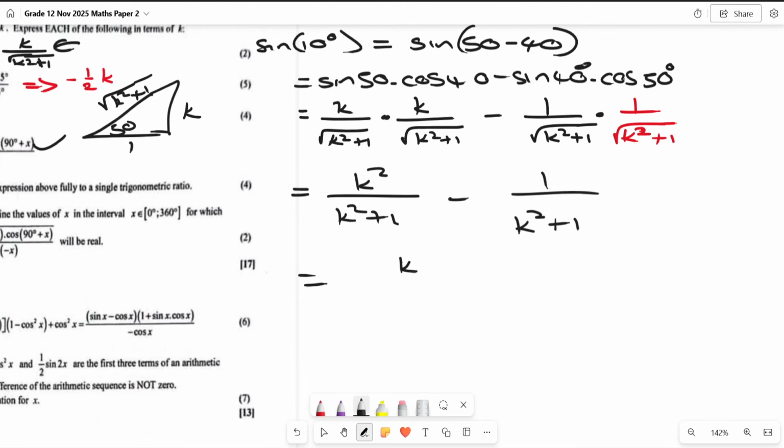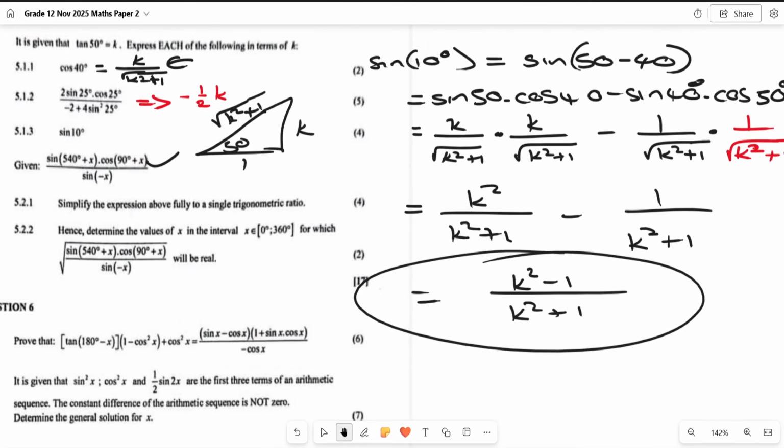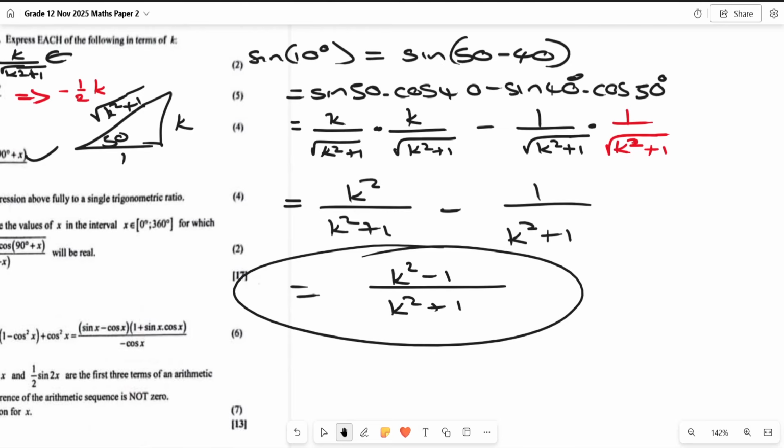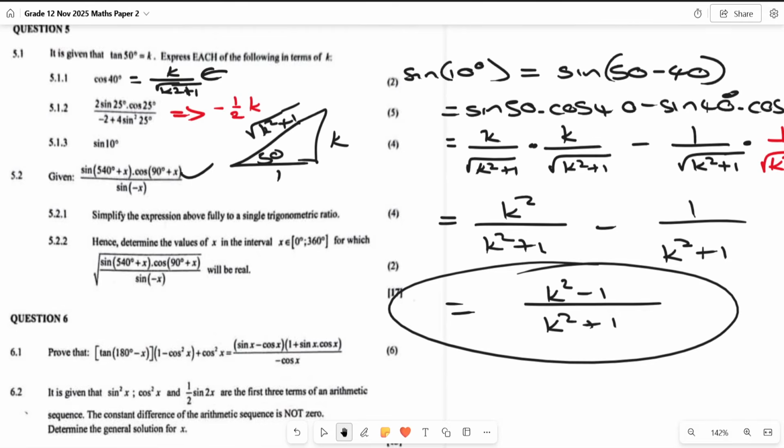It's just going to be k squared minus 1 over k squared plus 1. These are basic fractions. Our answer can't be left like that, can it? We can only simplify the numerator. The denominator we can't, so it's fine. We leave our answer as that.